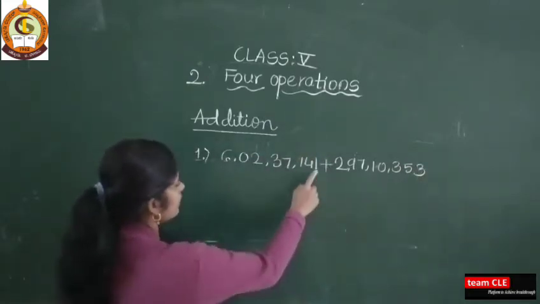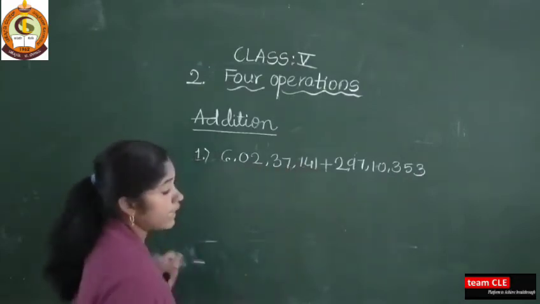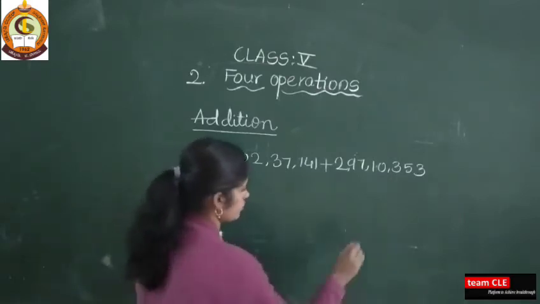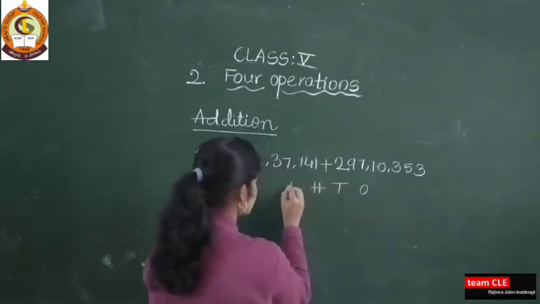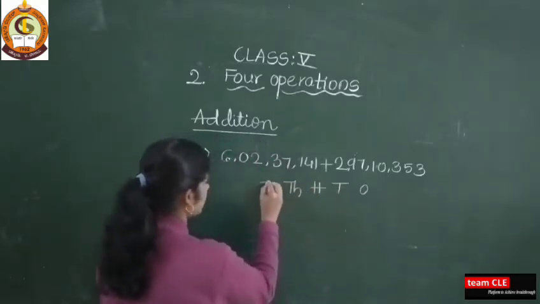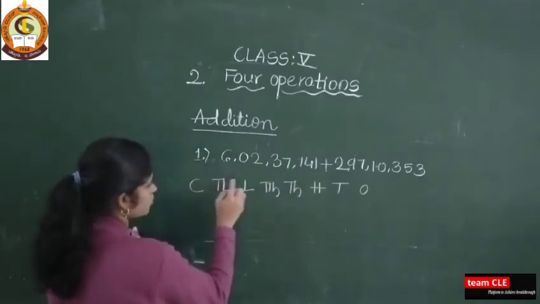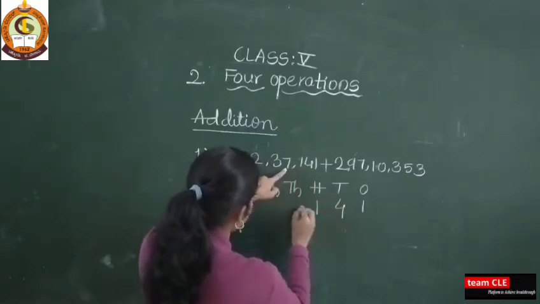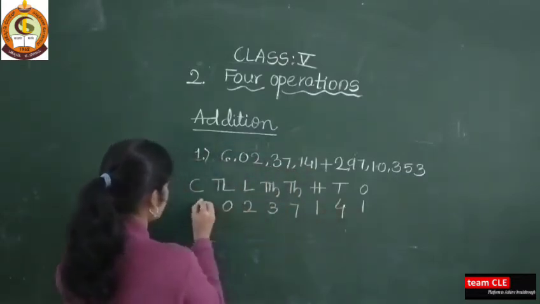See, just see ones, tens, 100, 1000, 10,000, lakh, 10 lakh, crore. Now also I have to write here till the crore place values. So write here ones, tens, hundreds, 1000, 10,000, lakh, 10 lakh, crore. So arrange this number 1, 4, 1, 7, 3, 2, 0, 6.